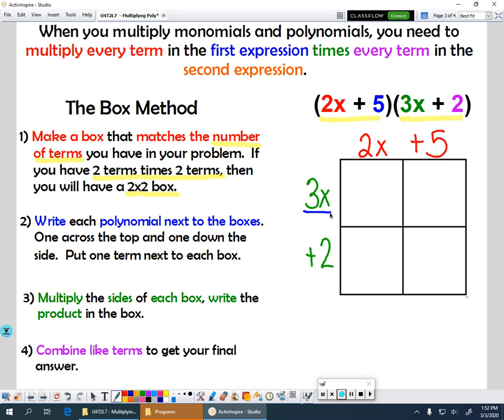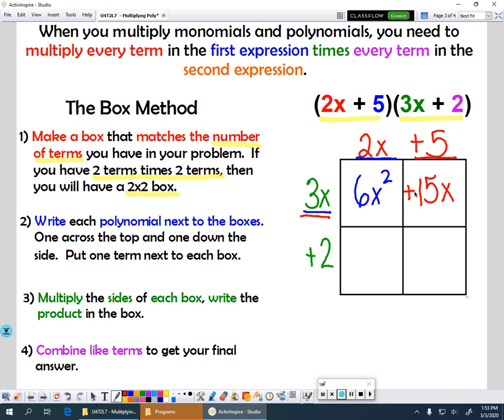So I'm going to multiply 3x times 2x. Now when you multiply these monomials, just multiply your numbers first and then combine your exponents together, your variables together. So 3 times 2 is 6, x times x is x squared. I'm going to do the same thing for 3x times 5. 3 times 5 is 15, and then we have 1x.